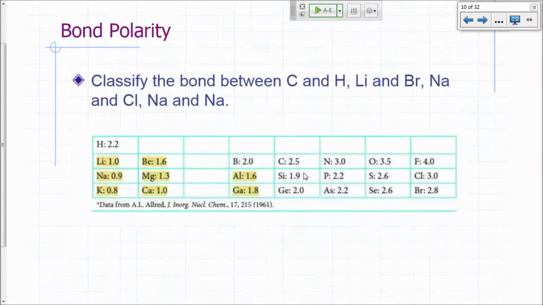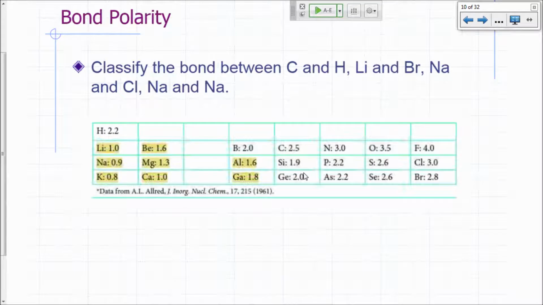So let's look at a couple of examples here. Let's classify the bond between carbon and hydrogen. You can look up tables for electronegativities. You'll find hydrogen's 2.2. Pauling originally assigned that a value of 2.2, and carbon's 2.5, although in a later paper, Pauling changed that to 2.1.